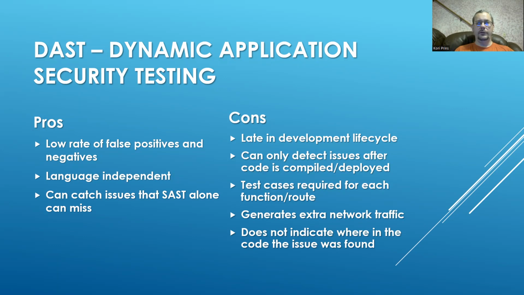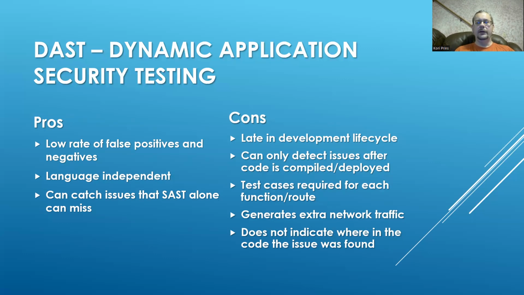If you miss a function or a route in your test cases, you are basically going to be blind if there is a particular issue on that route or function. As I mentioned previously, it generates extra network traffic. And DAST also does not indicate where in the code an issue was found.